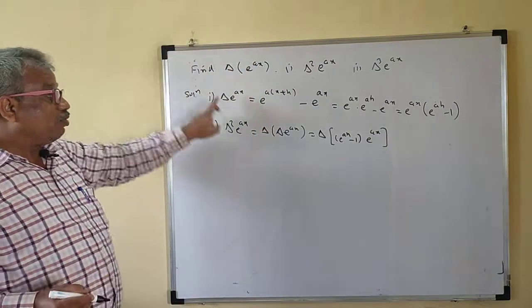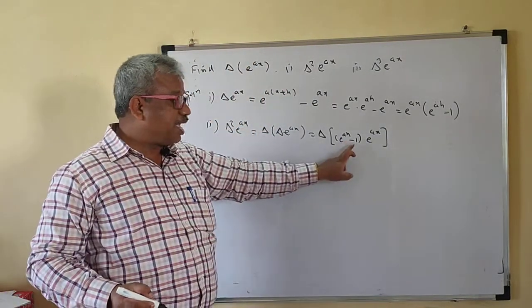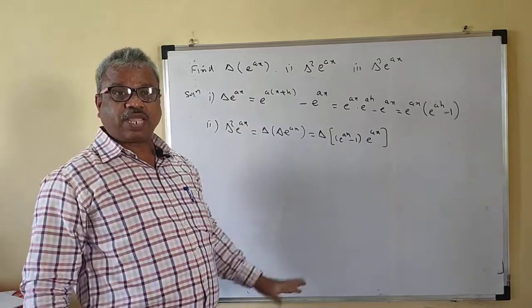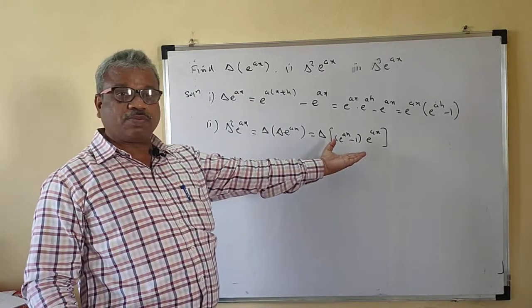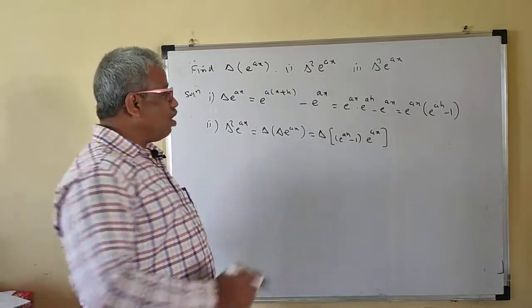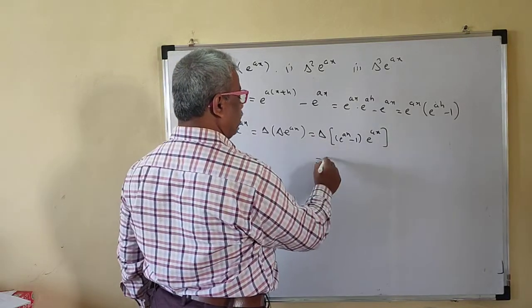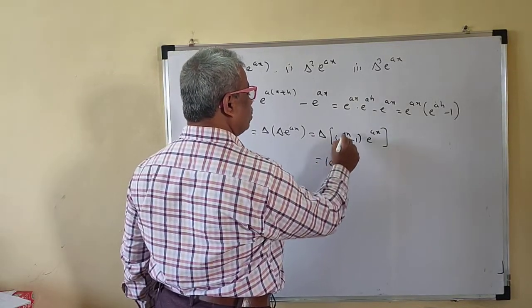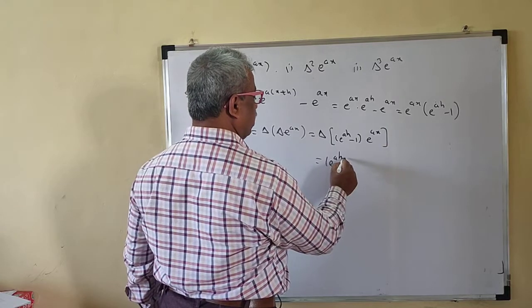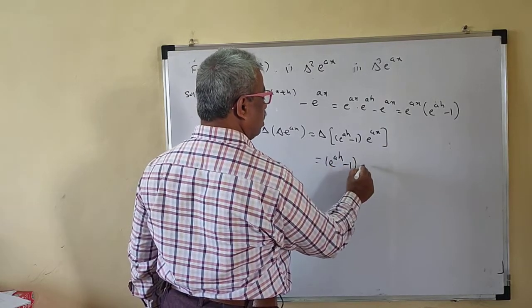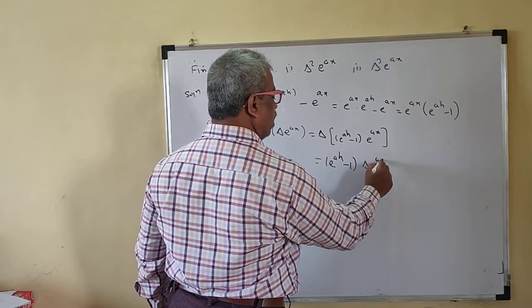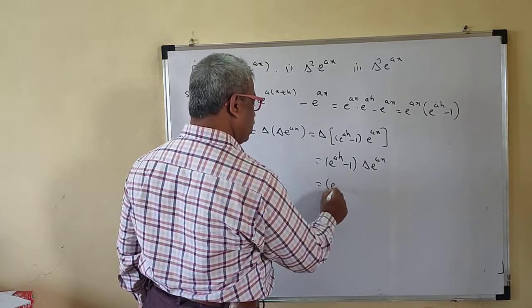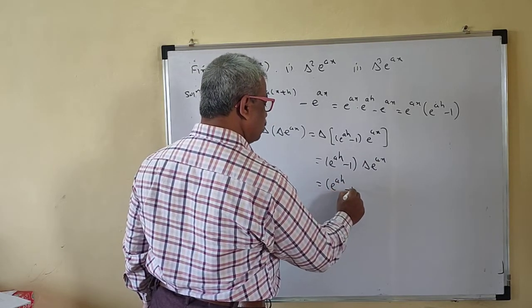Now e raised to ah minus 1 is independent of x, so you can take it outside the operator. This is the rule of the constant. So del of e raised to ax is e raised to ah minus 1.